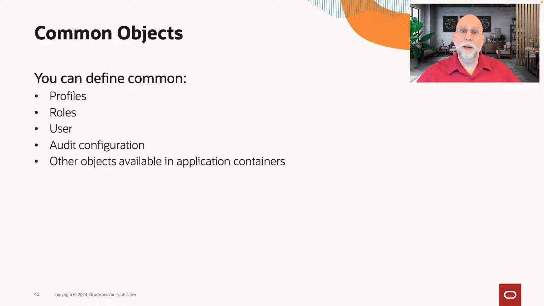You might want a common user profile that has the basket of privileges or roles that you would want for those users. So you can have roles and profiles. You can create common users. You can create a common audit configuration so that you don't have to have a specific audit configuration defined for every PDB. And then there are other objects that would only be in application containers.